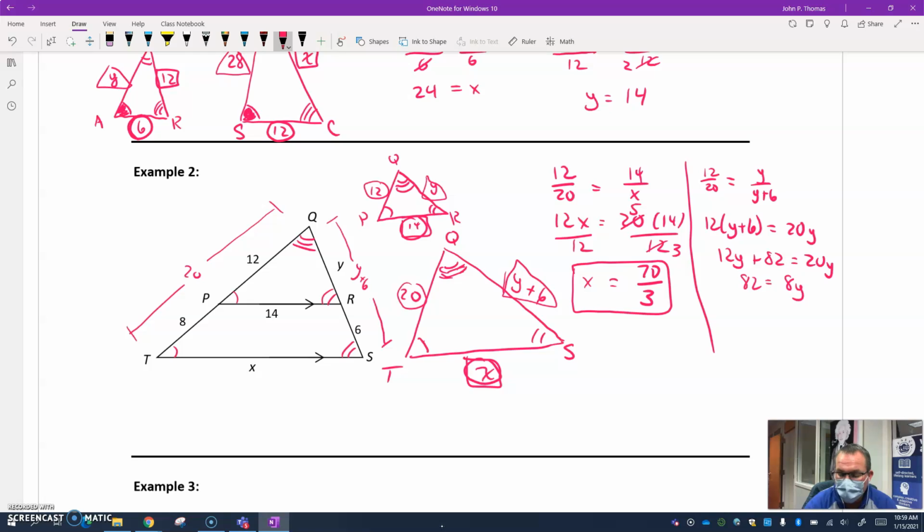At this point, we'll go ahead and divide each side by 8. What I notice first is that 2 goes into both of them, so we get 41 over 4 for the y value. And actually, I think I just saw I mismultiplied there. When I take 6 times 12, that's 60 plus 12, so that's 72 instead of 82.